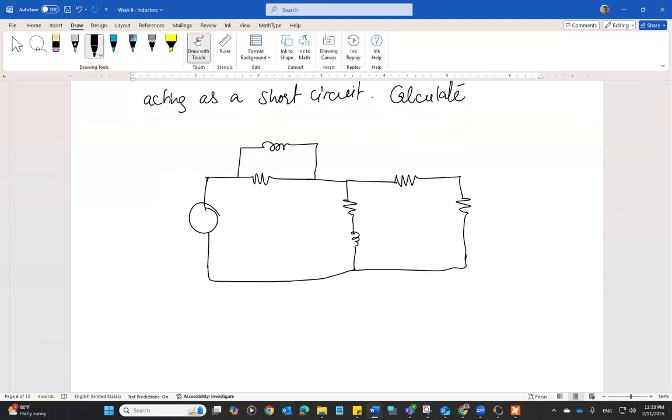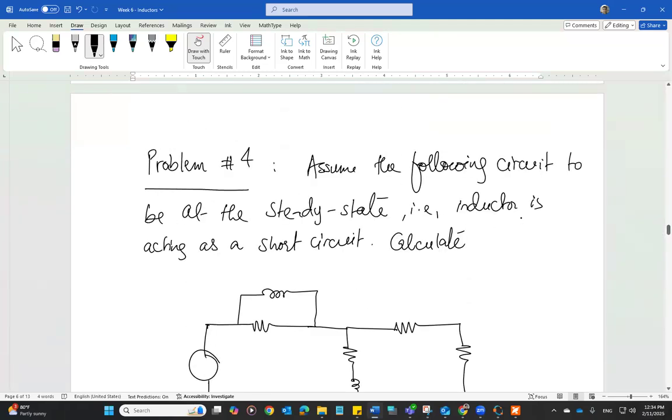All right, so I put a couple of inductors, and inductors are acting as short circuits.